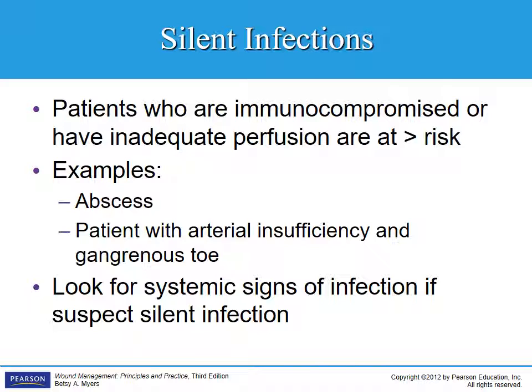Examples of this are abscesses, or if a patient has an arterial insufficiency, in other words, they're not getting enough blood flow down there, and they can start to become gangrenous.